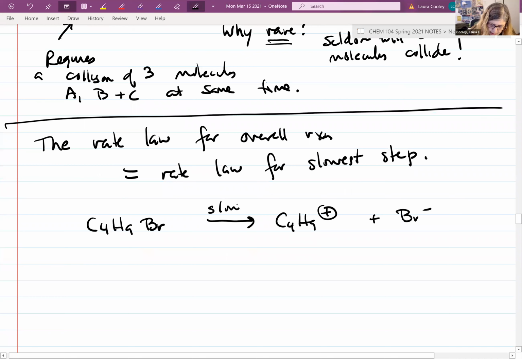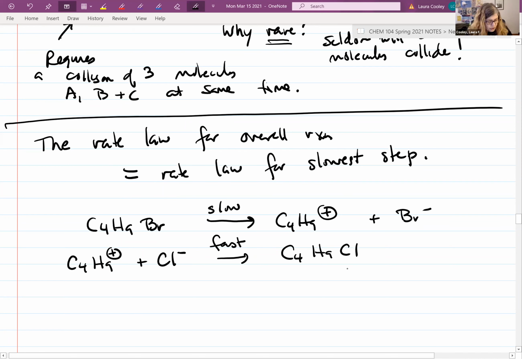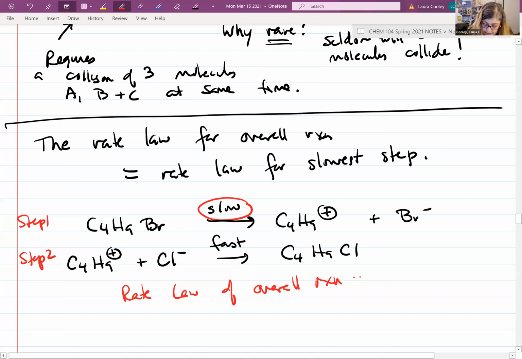This is the slow step, followed by C4H9+ reacting with chloride very fast to produce this. So this is the slow step, step 1. So the rate law of the overall reaction equals the rate law for the slow step.